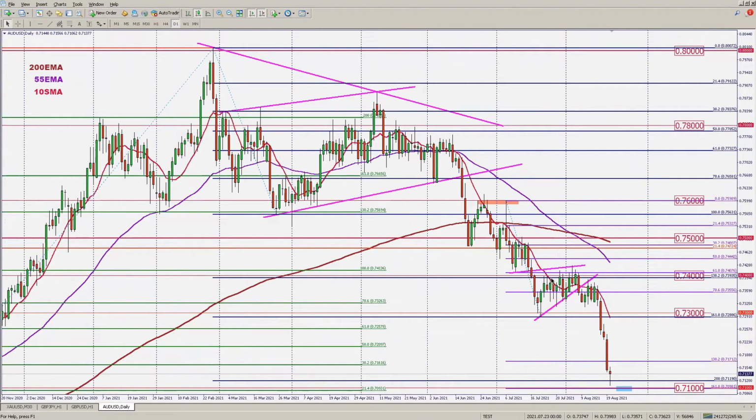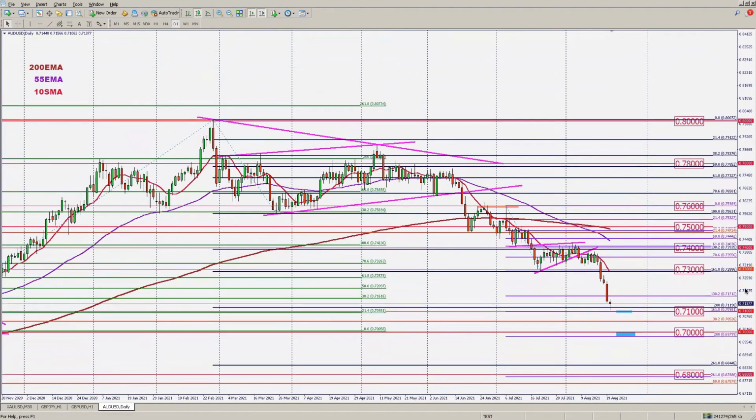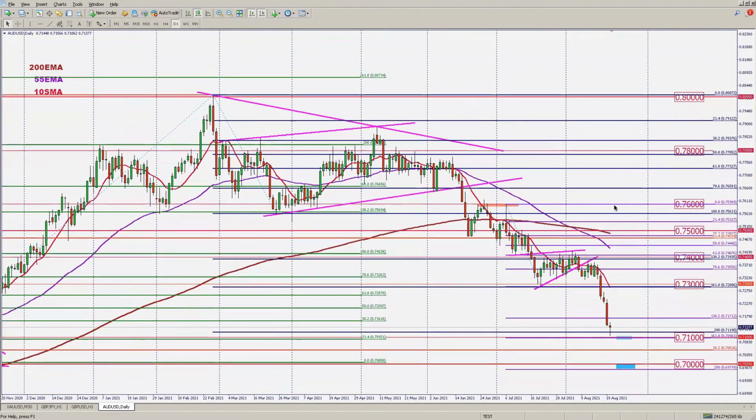And the RBA was actually going to start tapering next month in September, so we'll see if that's going to continue or whether it's going to be delayed. If it is delayed, then that will further weaken the Aussie dollar, and as the US dollar strengthens further, that's going to cause more grief for the Aussie dollar here.